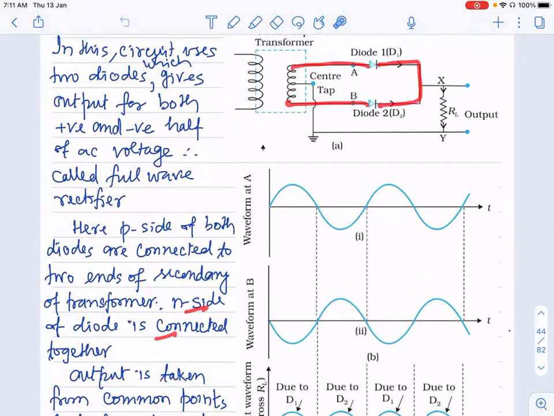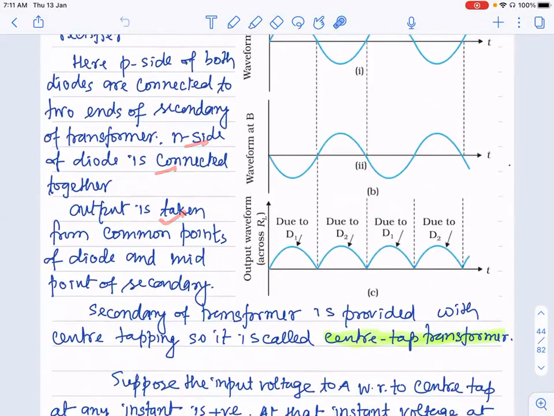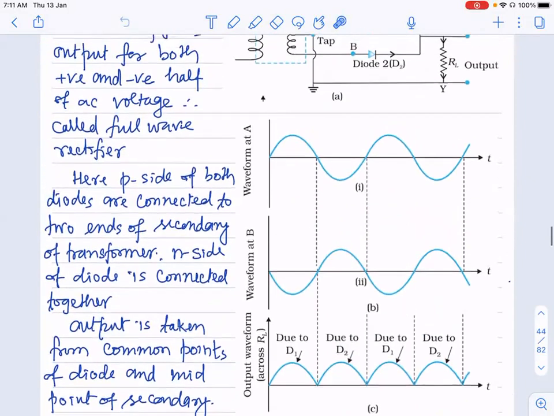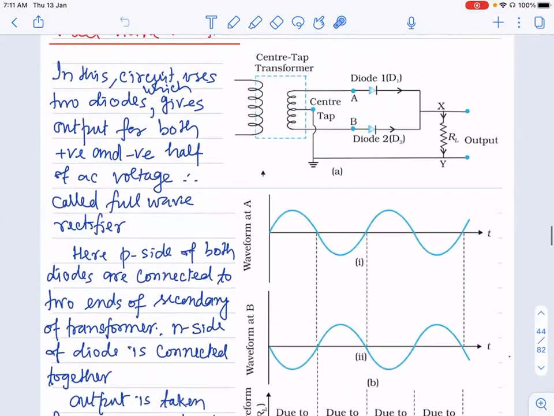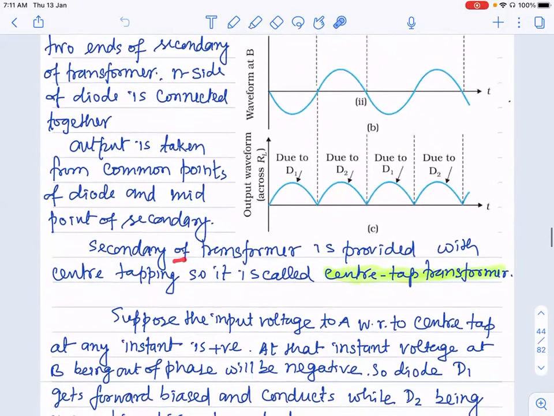N side दोनों एक साथ करके लोड के साथ connected है. Output is taken from the common points of diode and midpoint of secondary. Common point of diode ये है और midpoint of secondary से output लेते हैं. And secondary of transformer is provided with the center tapping. All right. So it is called center tap transformer.